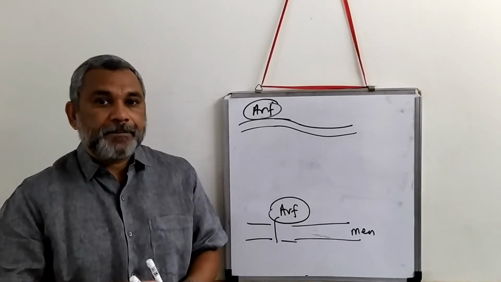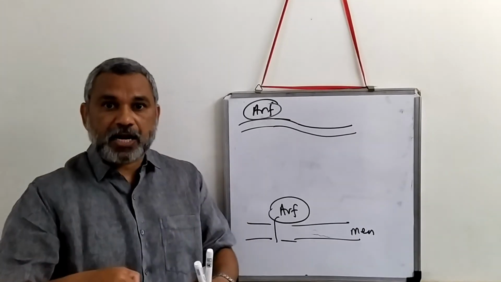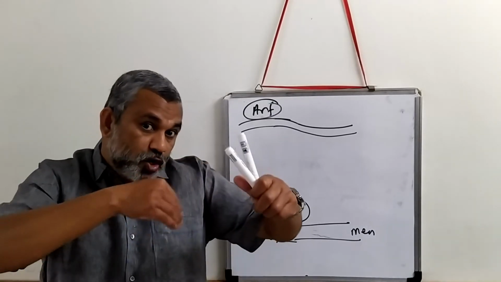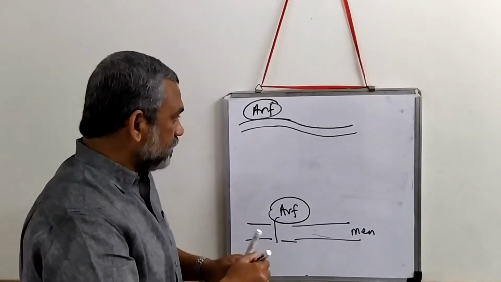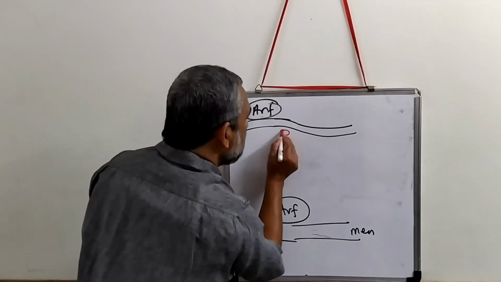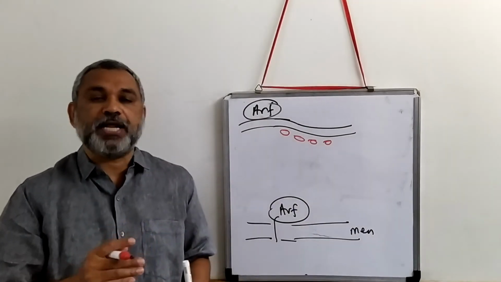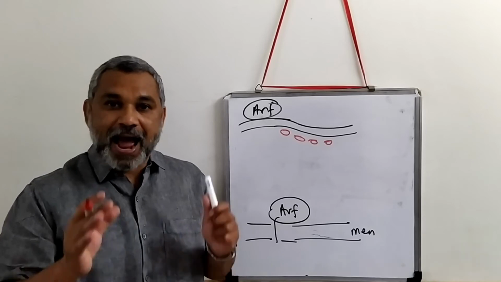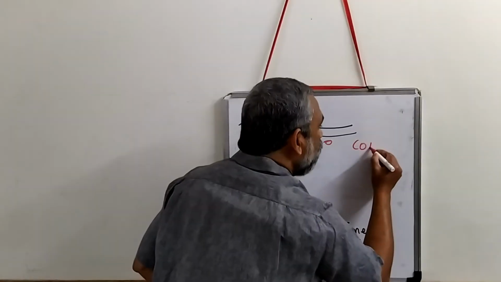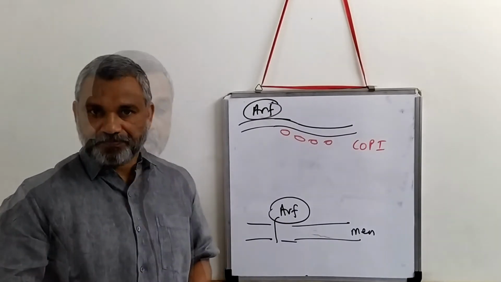When the curvature is formed, it will insert the cargo, and at the same time the coat proteins start getting assembled. The coatomer gets assembled around it, and it forms a vesicle, the COP1 coated vesicle.